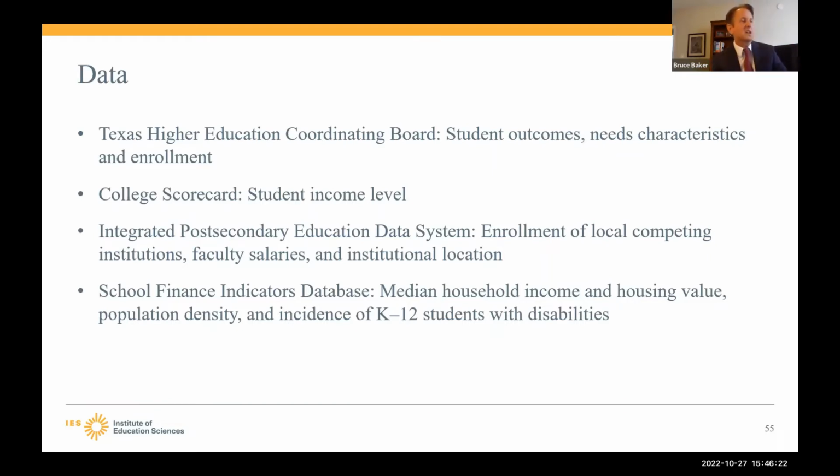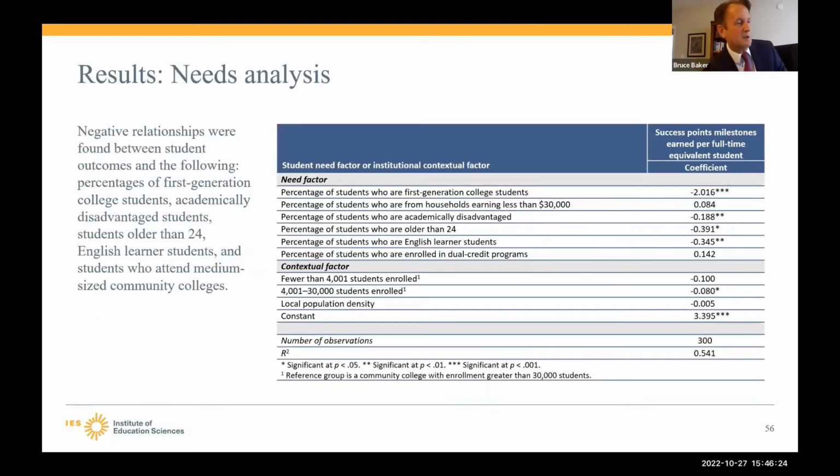From here, let's move into some of what we found, which is next up. So first, that first step is figuring out what are the different characteristics of students and contexts that have a relationship to the outcome measures, the average success points completed by the typical student.